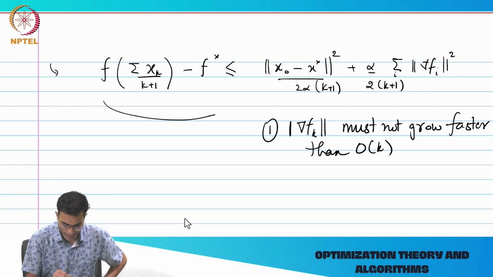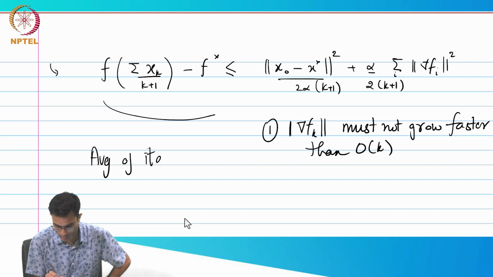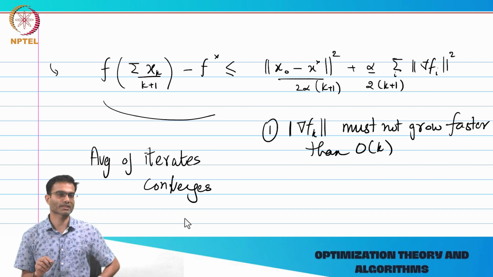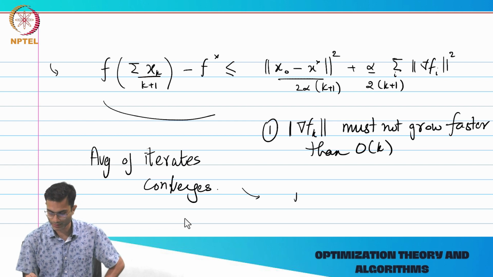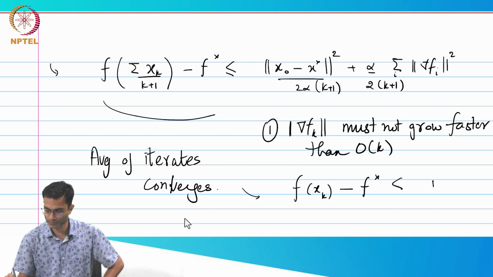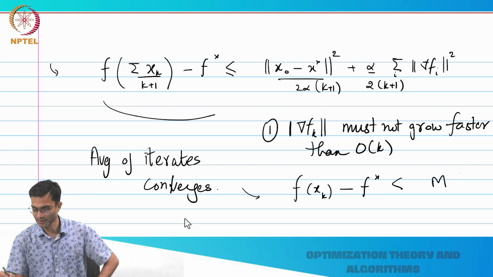So what is this saying? That the average of the iterates converges, this is what it is saying. Now what would have been really nice is if instead we had f of xk minus f star less than or equal to something like this.